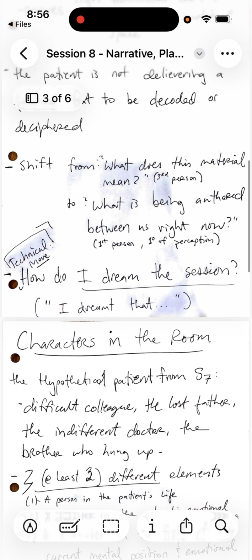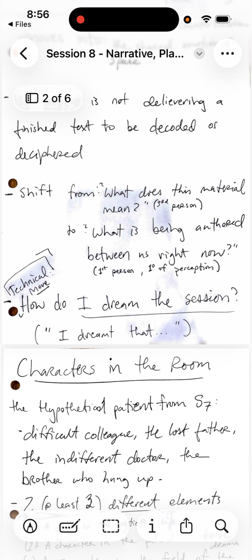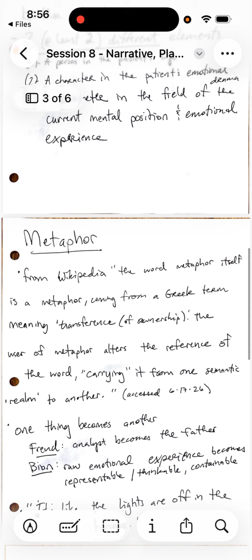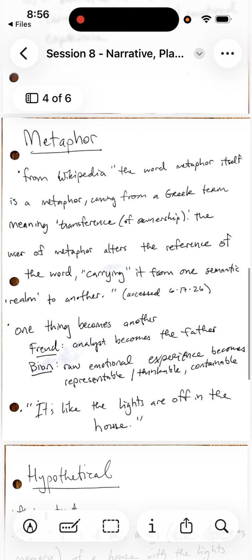So we've described that you can insert the phrase, I dreamed that. We've described that you can treat the characters in a room like a story and try to give them multiple meanings. And another element that can be utilized pretty regularly, and maybe kind of a linchpin really for psychodynamic work and helping shift mental states, is the use of metaphor.